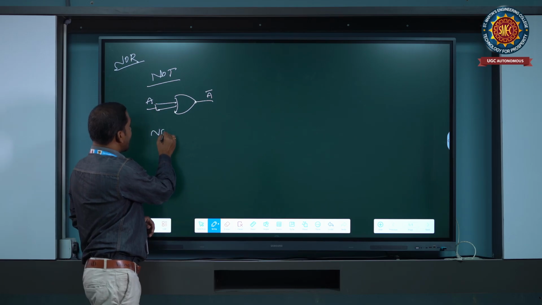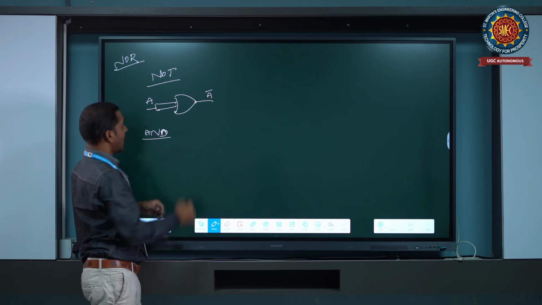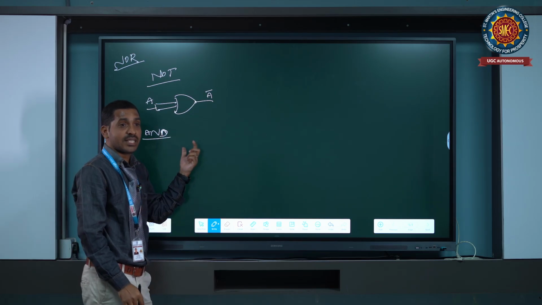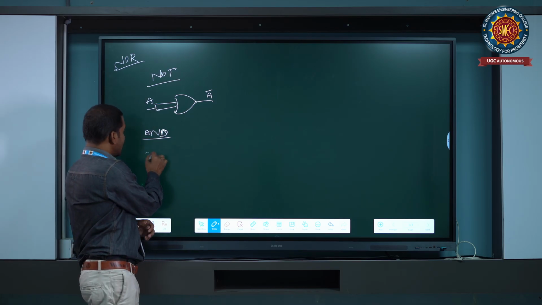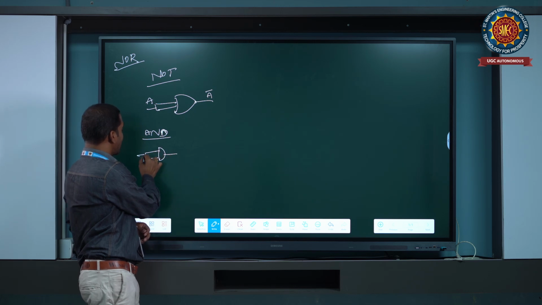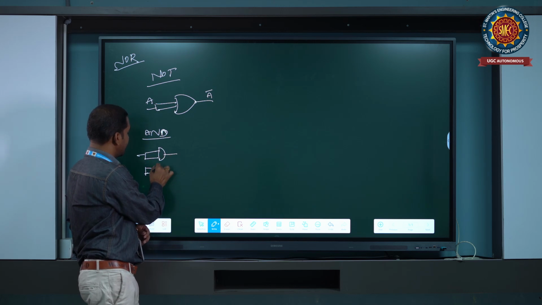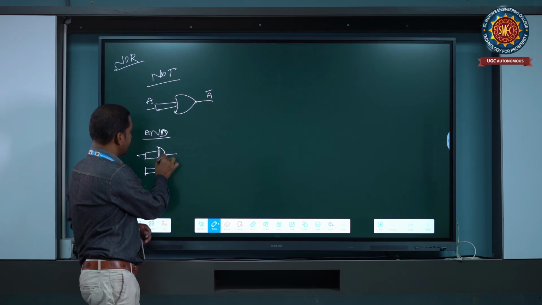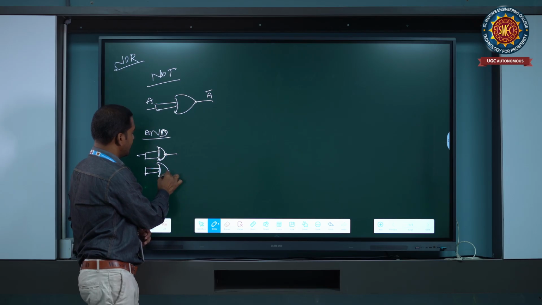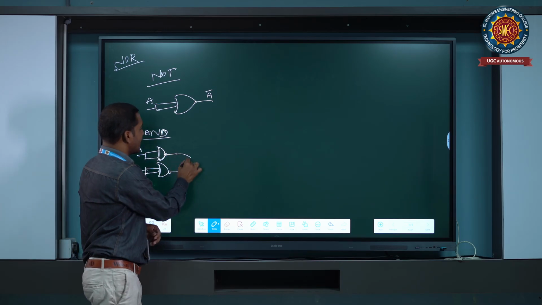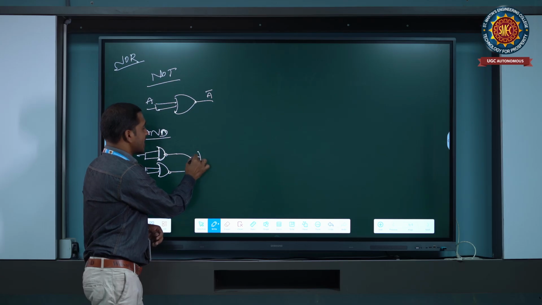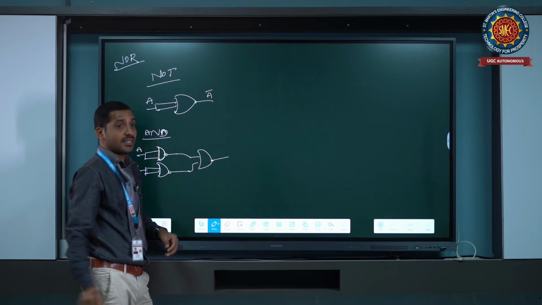Next one is AND gate. AND gate using three NOR gates. It will implement the AND gate by taking two single input NOR gates, with A and B as inputs. They give the two inputs of the third NOR gate.